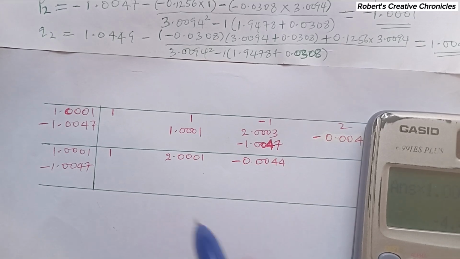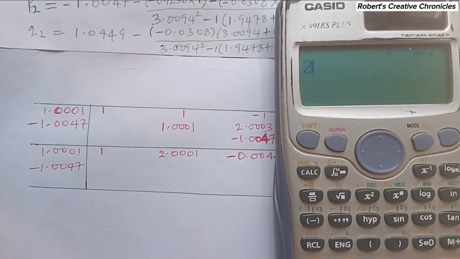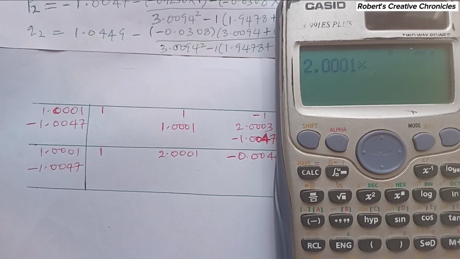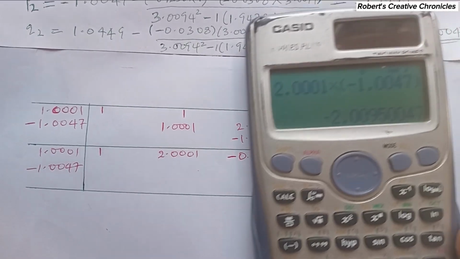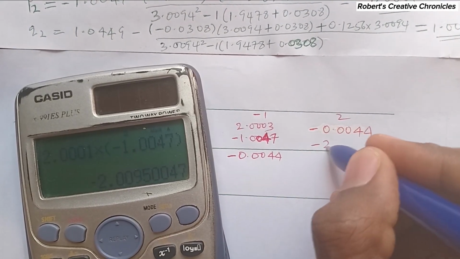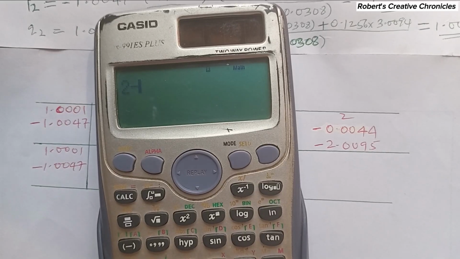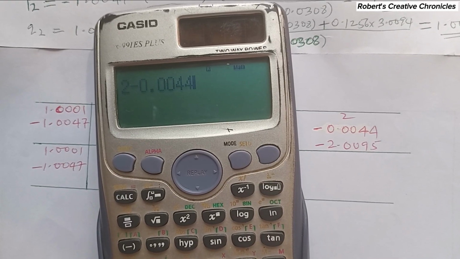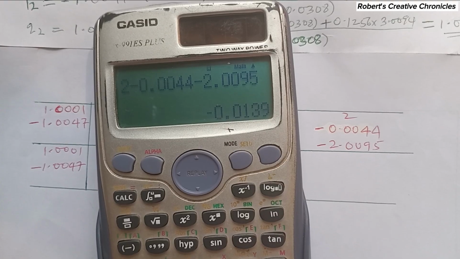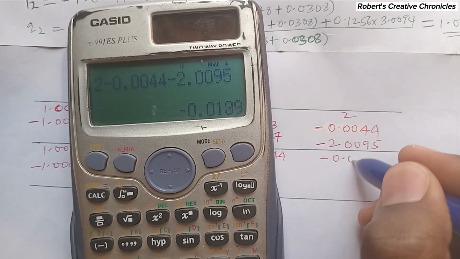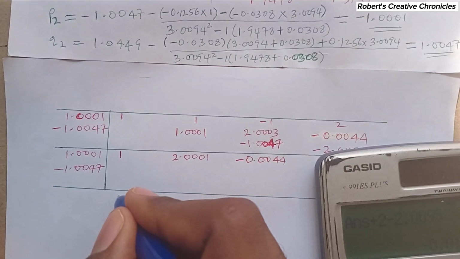Then this times this one, 2.0001 times negative 1.0047 is negative 2.0095. So we'll add this 2 minus 0.0044 minus 2.0095. This is negative 0.0139. Then the same way we are going to bring down this one.